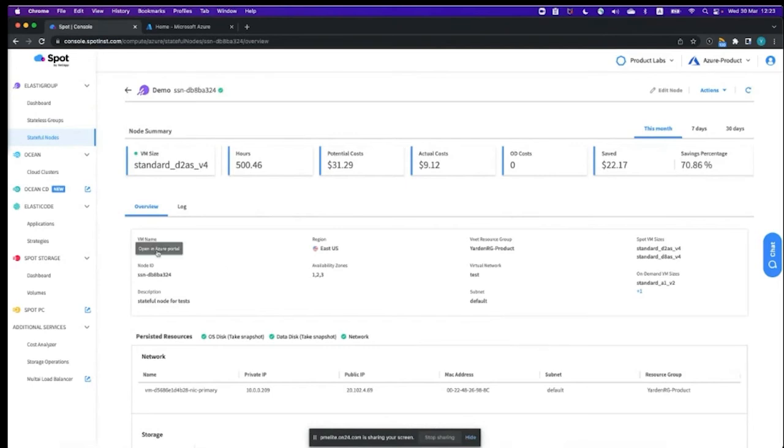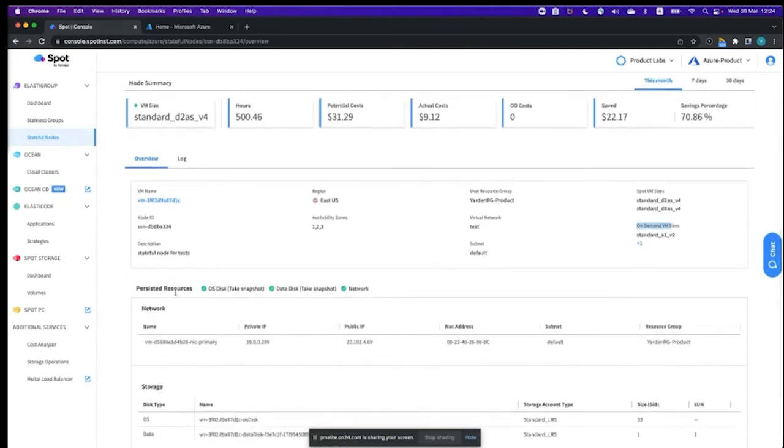You can see the VM name, again linked to the Azure portal to see more details, the configurable availability zones, and the configurable VM sizes, which we configured. We can also have an on-demand VM size, so in case the spot is not available, it will fall back to the types that we configured here. The persisted resources, that's the heart of the stateful, yeah?